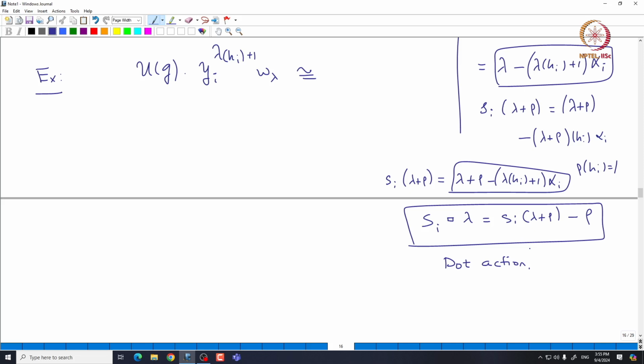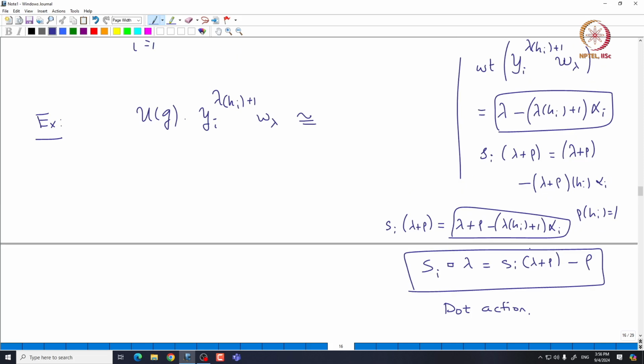If you use this dot action, then you can easily see that this submodule generated by yi power lambda of hi plus 1 w lambda is isomorphic to the Verma module M of Si dot lambda.